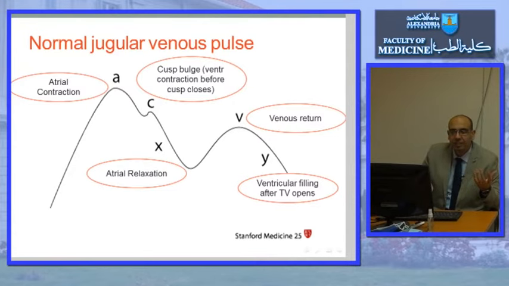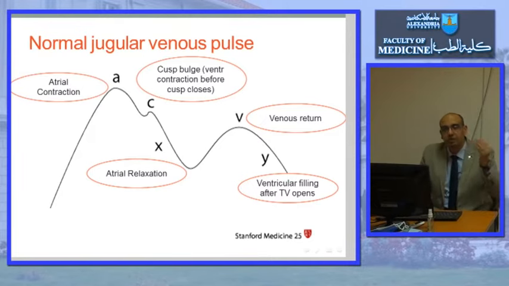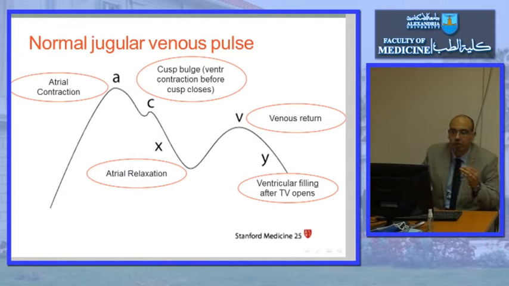After the atrium is relaxed, what will happen? Atrial filling through venous return. So the tricuspid is closed, then the atrium relaxes and receives blood. After the atrium is filled with blood, it will push blood to the ventricles.